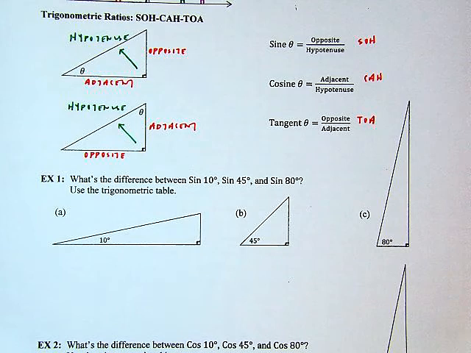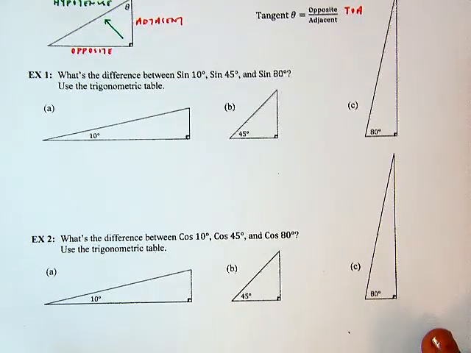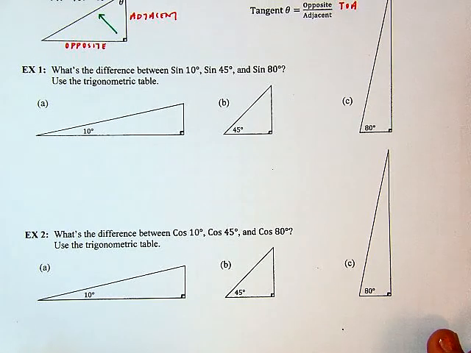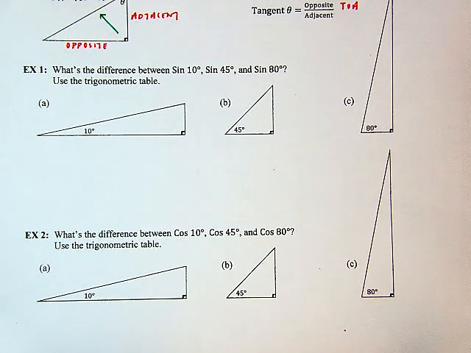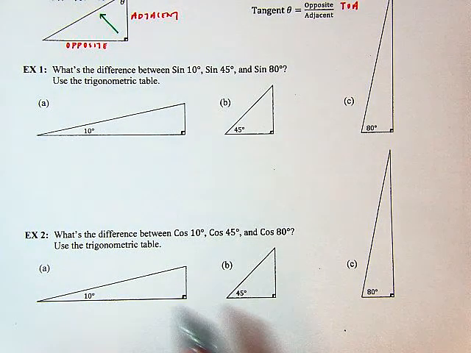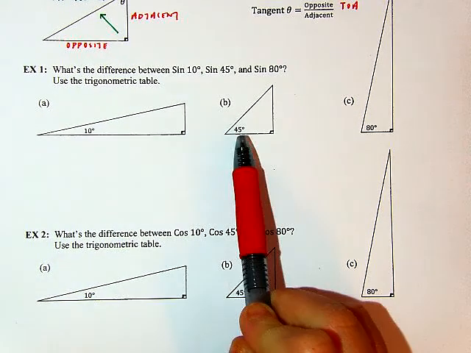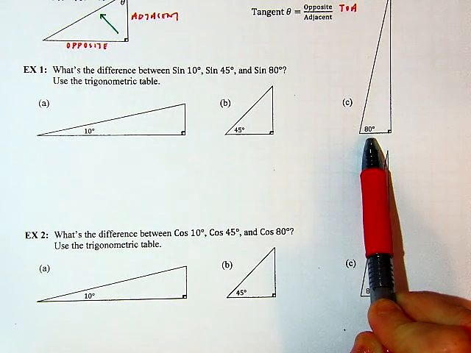Okay, let me slide this up. So here what I've drawn on this sheet, I have three very different looking triangles. They're all right triangles, and I've marked a reference angle of 10, 45, and 80 degrees.